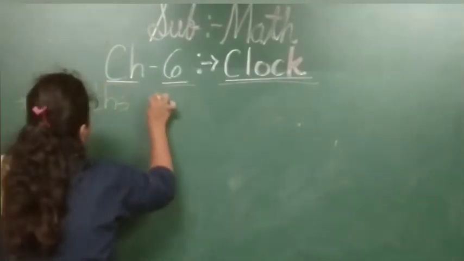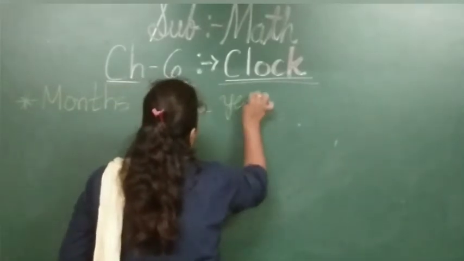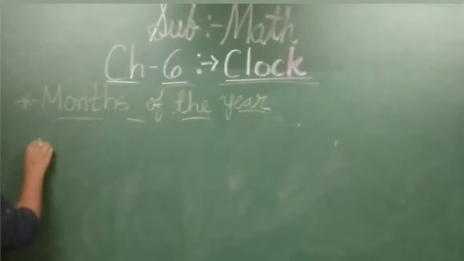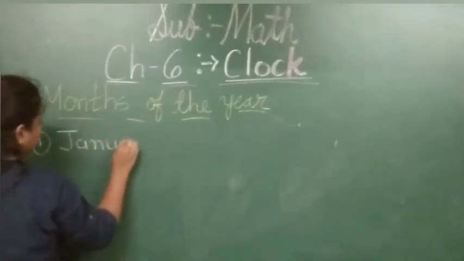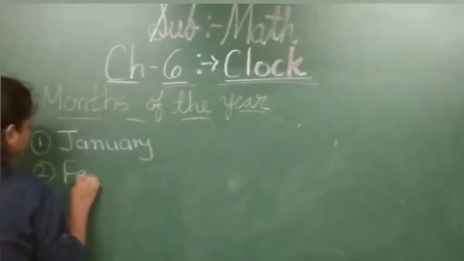Months of the year. Months of the year. So 12 months are there. First one is January. Second one is February.